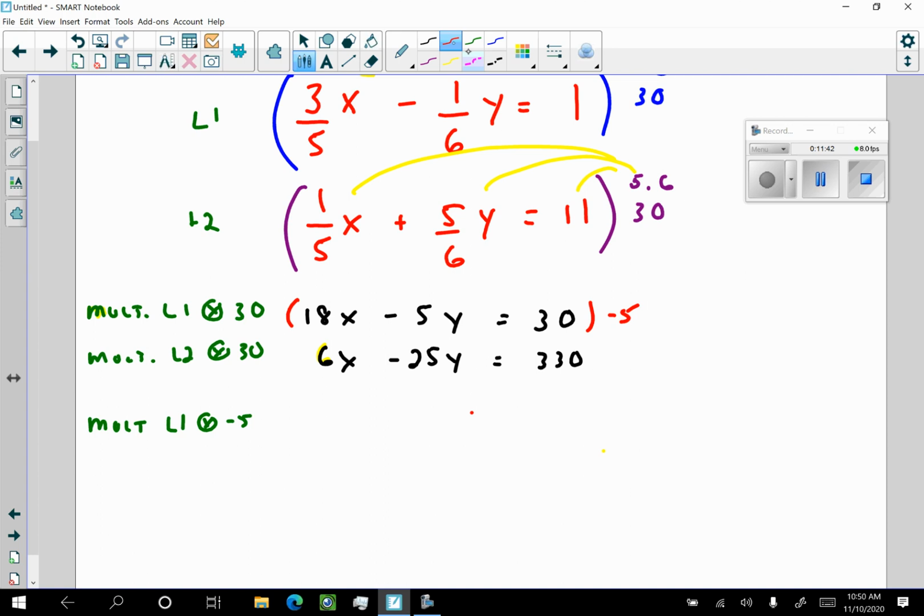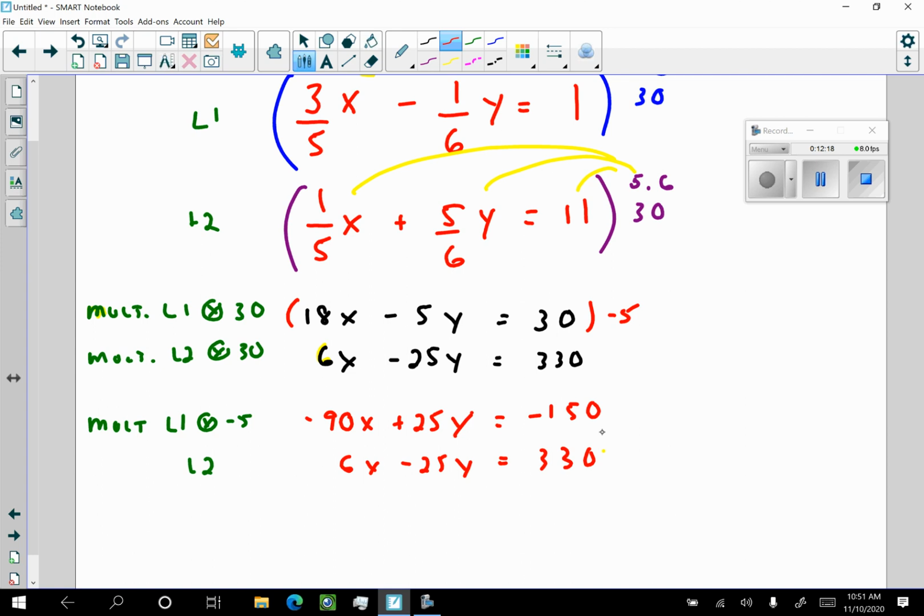So I have negative 5 times 18, and that is going to be negative 90x. 5 times 5 is probably positive 25y, I'm sorry. And 5 times 30 is negative 150. What's going on here? And I'm going to rewrite L2 here. And L2 is going to be 6x minus 25y is equal to 330.